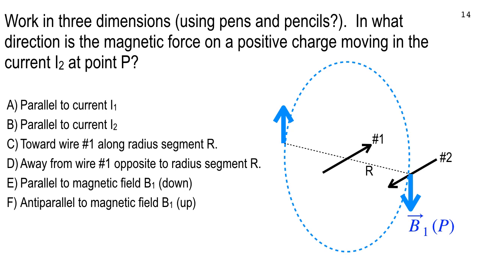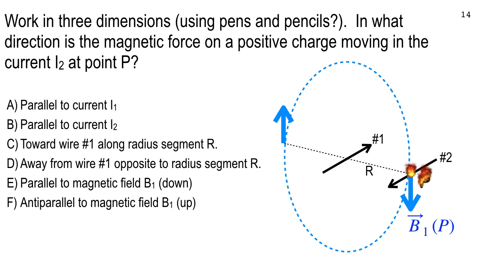Work in 3 dimensions. Use pencils and pens if you want, and your right hand. In what direction is the magnetic force on a positive charge, conventional current, moving in the current I2 at point P?